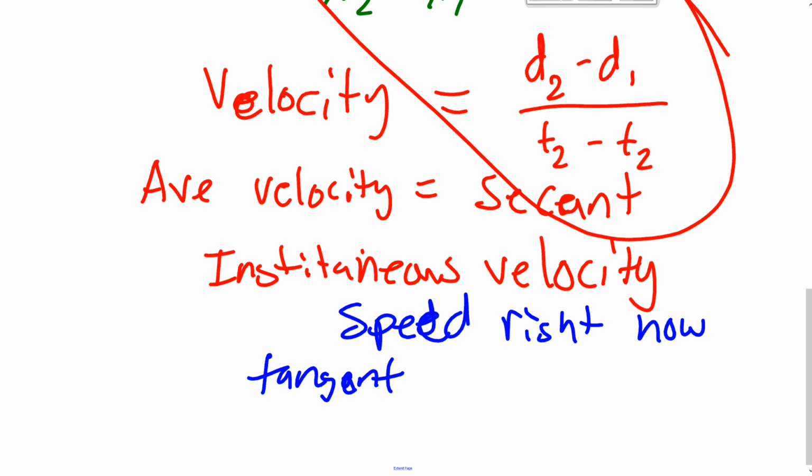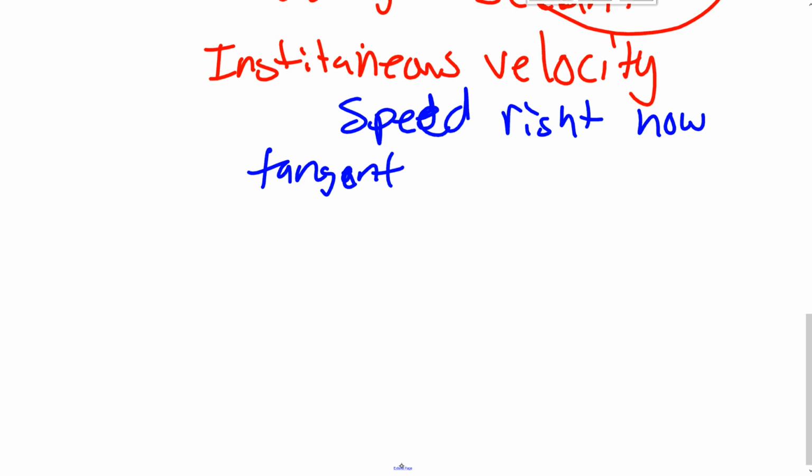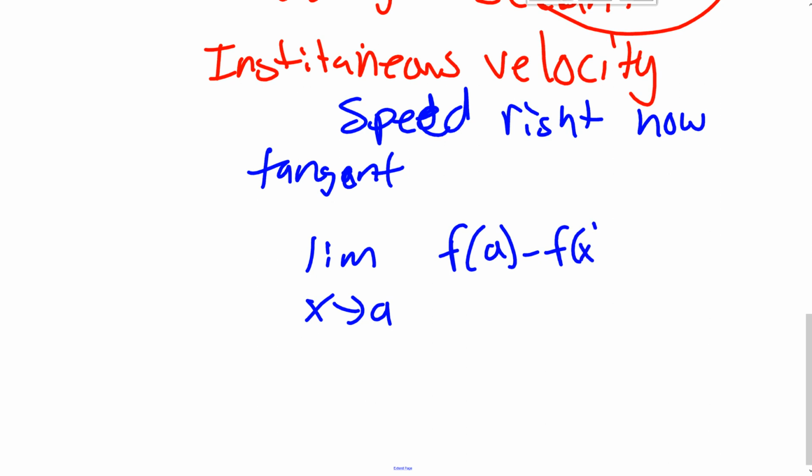And then we thought some more and figured out that the tangent slope and the instantaneous velocity is really the same as finding the limit as x goes to whatever that number is. So it's the limit of this slope equation, right? f(a) - f(x) over a - x.